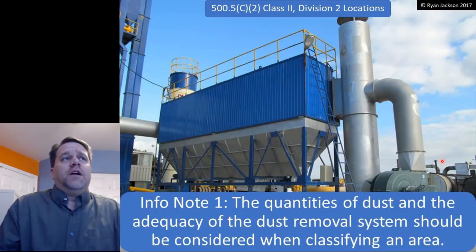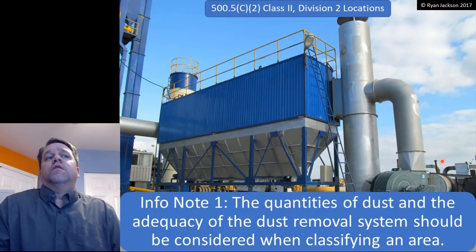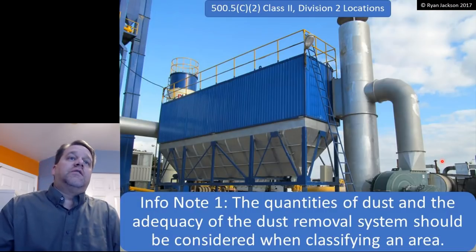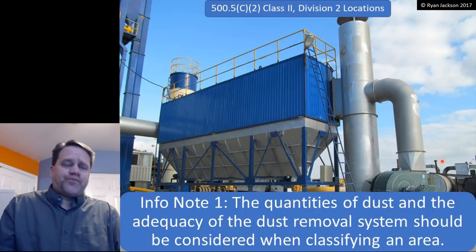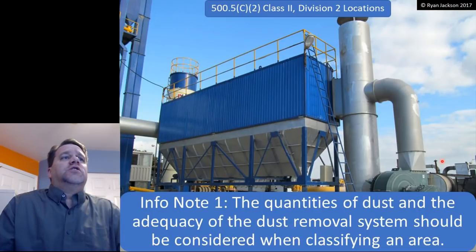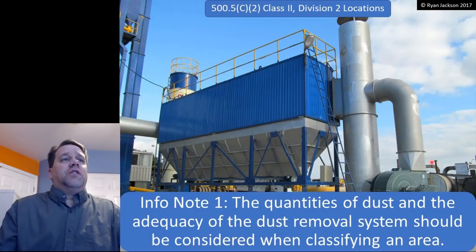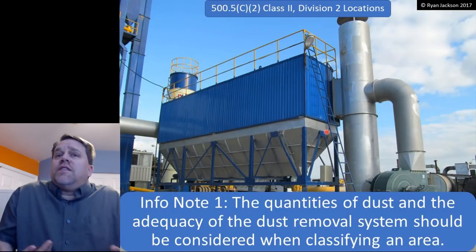There's yet another informational note that says the quantities of dust and the adequacy of the dust removal system should be considered when classifying an area. So I have a little wood shop in my house, and that could be a Class 2 location. And I have a dust collector in my garage. It looks nothing like this dust collector, obviously, because I don't need that dust collector, right?